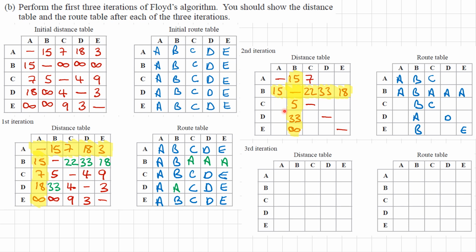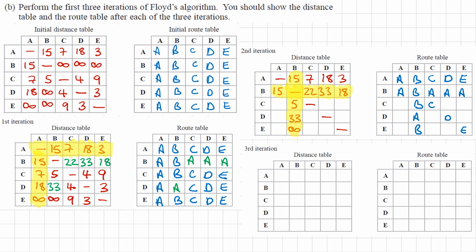Then we have 15 plus 33, that's going to give us 48, greater than 18, so no change to the value, 18, and no change to the letter, so that remains as D. And this one here, 15 plus 18, that's going to give us 33. 33 is greater than 3, so no change to the value and no change to the letter.